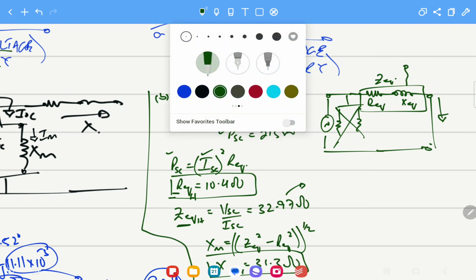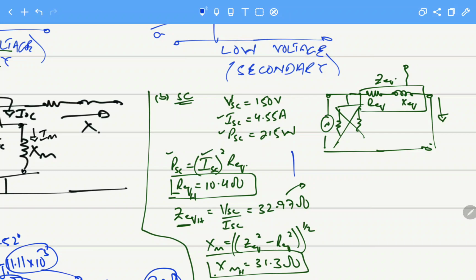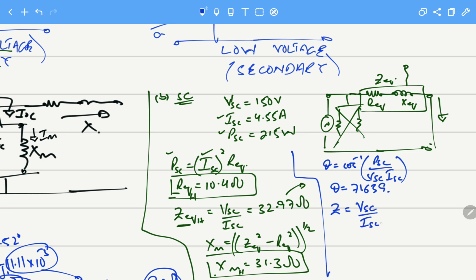This is the one method. Similarly, we can use the second method. We can calculate theta, that is cos inverse of PSC over VSC ISC, and you can calculate the value. Theta will be equal to 0.31, and this will be 71.639, and we can calculate Z then. Z is VSC over ISC at angle theta, and VSC we know, ISC we also know, and theta we have calculated 71.639.